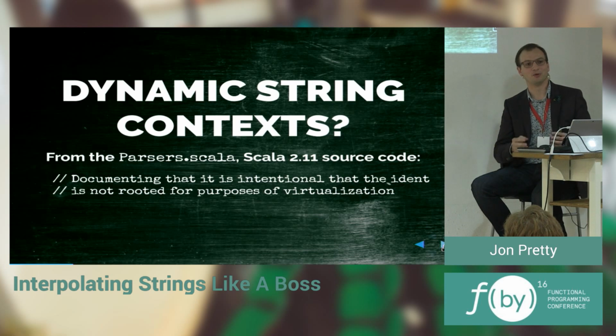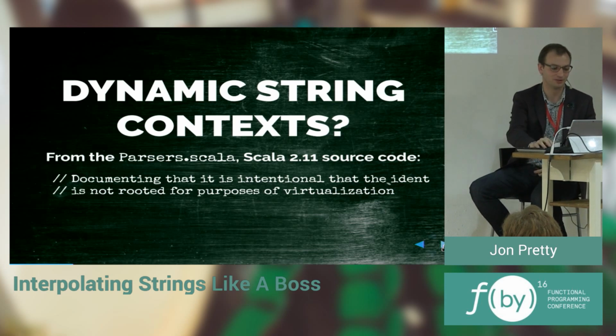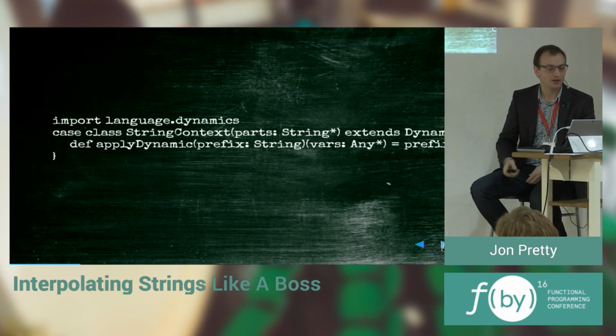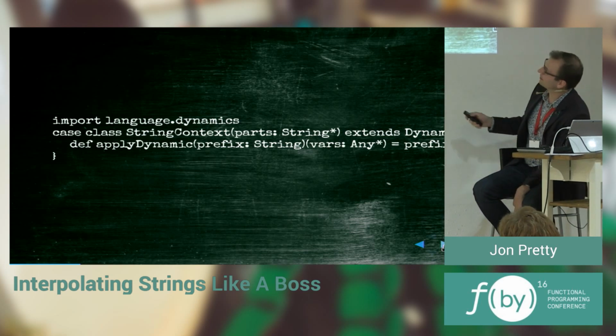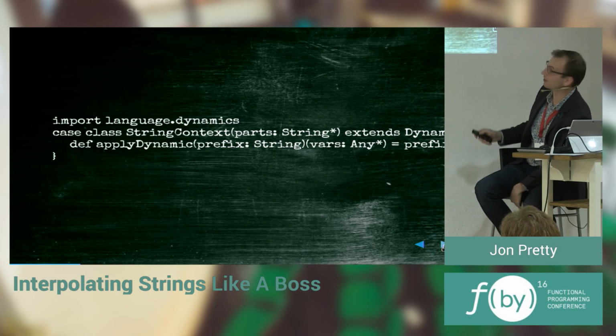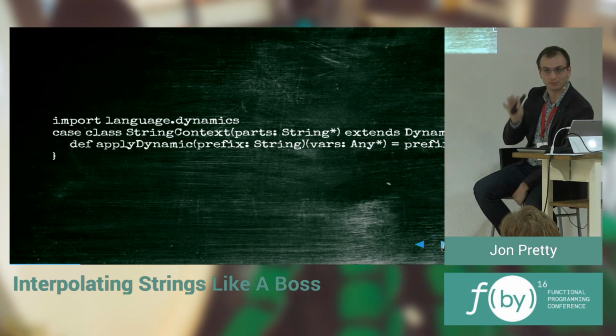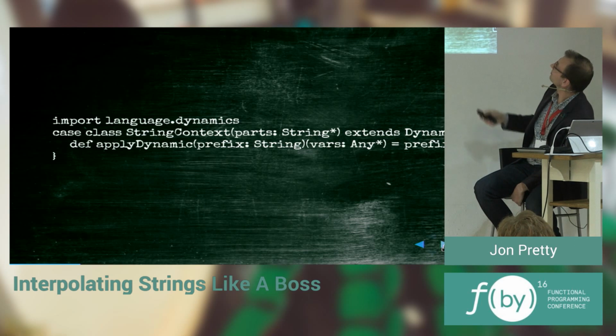And remember I said before that the desugaring that happens is very dumb. It doesn't know anything about types. All it does is convert your source code into some different source code. So I thought, let's make a dynamic StringContext. And it's very simple, we can just create a new case class StringContext here. It takes, remember, the literal parts of the string, these are the parts.